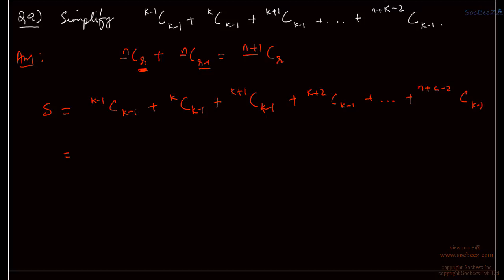Now, we also know that k minus 1 C k minus 1, or any nCn, where we have n objects and we are choosing n of them, can be done in only one way, right? So k minus 1 C k minus 1 is 1, but we will now cleverly manipulate this and write that as k C k, right?